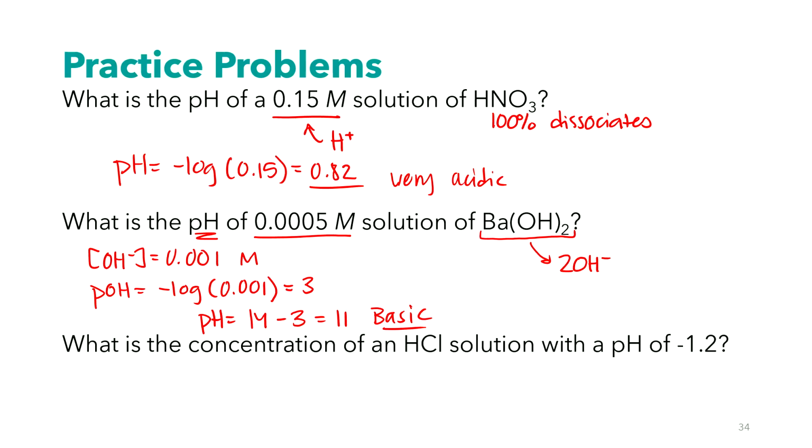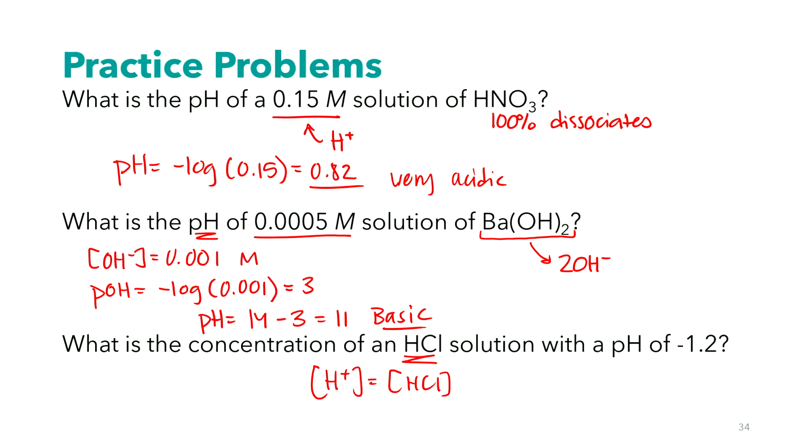And the last thing, what is the concentration of an HCl solution with a pH of negative 1.2? I promise we can do negative pHs, and we're going the other direction here. Since this is a strong acid, whatever the concentration of H plus is, that's my concentration of HCl.